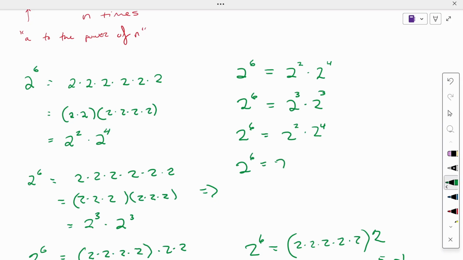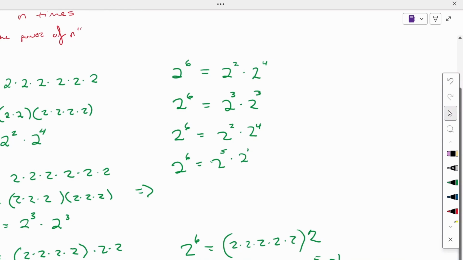So one of the rules that a lot of students will remember from their middle school courses is this idea that when you start to multiply a sequence of numbers with itself in series, it seems as though the exponents add. If we, for example, just look at this relationship between the exponent 6 and the exponents 2 and 4, and we ask ourselves, how is 6, say, related to 2 and the number 4?